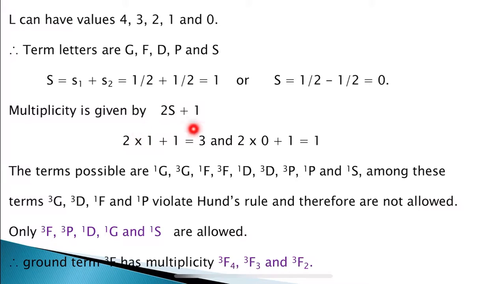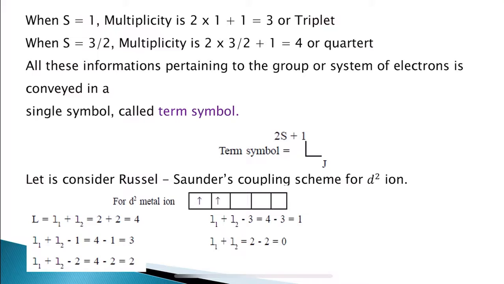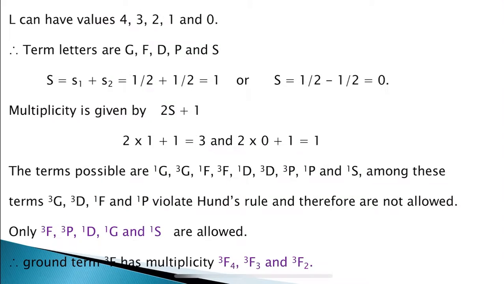So, this is the example which we are explaining by taking the Russell-Saunders coupling scheme for D2 ions. For a D2 metal ion we can have the term letters G, F, D, P and S. In the same way, for a D2 metal ion we can have the multiplicity of 3 and 1.